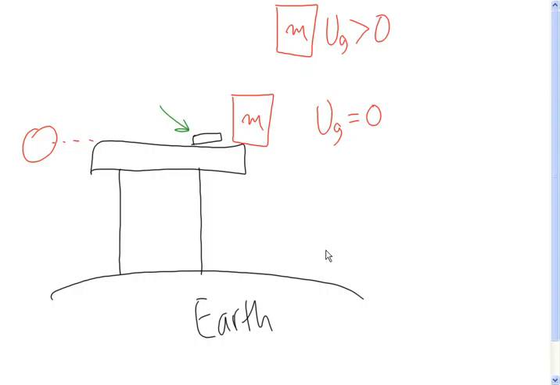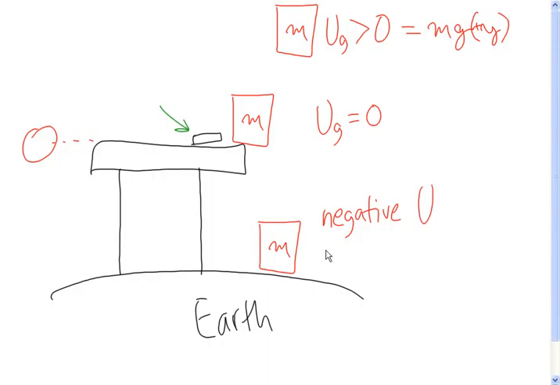It would be the mass times g times some positive number y. But if the block were down here on the floor, this has not just no ability to smash that piece of chalk on the table, it has less than no chalk smashing ability.